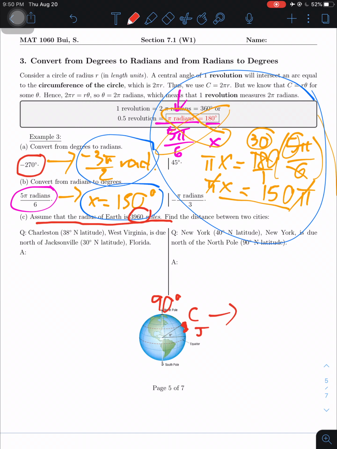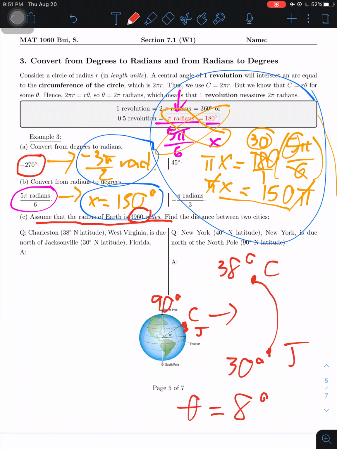It will look like this, where this one is Charleston and this one in here is Jacksonville. Just imagine that in here you have 38 degrees and in here you have 30 degrees. So the difference in the angle will be 38 minus 30, which is 8 degrees. So the angle in here is 8 degrees.